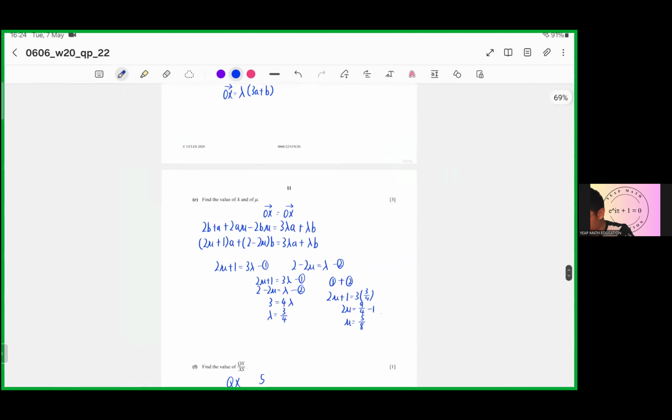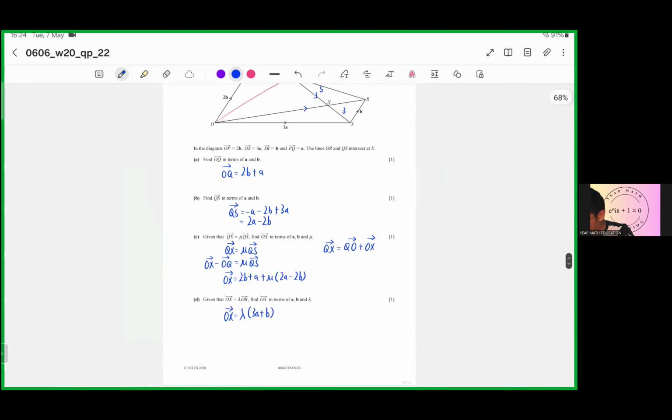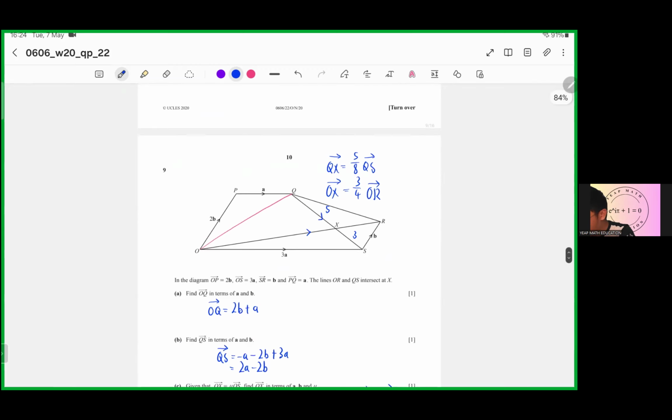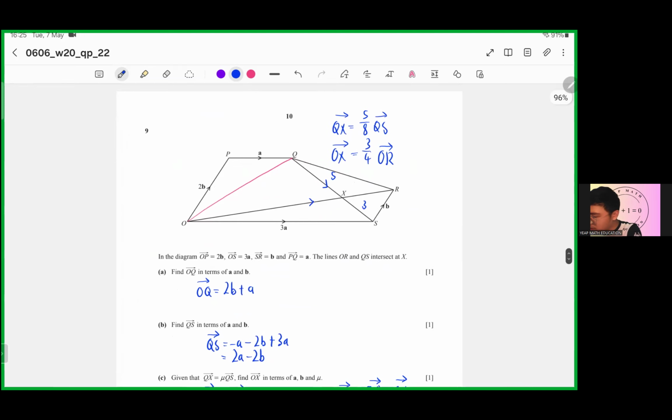Now we look at the next part. OX equals 3/4 OR. It means OR here we got 4 parts. This part is 3, so here is 1.